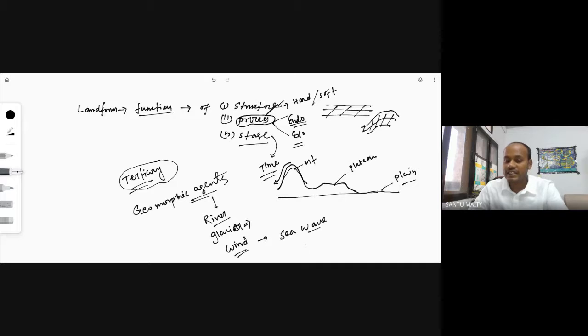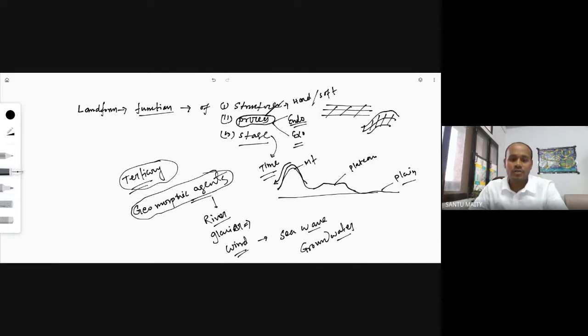Another geomorphic agent is groundwater. So in this way, I am trying to explain that there are some geomorphic agents which are operating on the earth surface. Earth surface means there will be mountain, plateau, plain, ocean, everything.